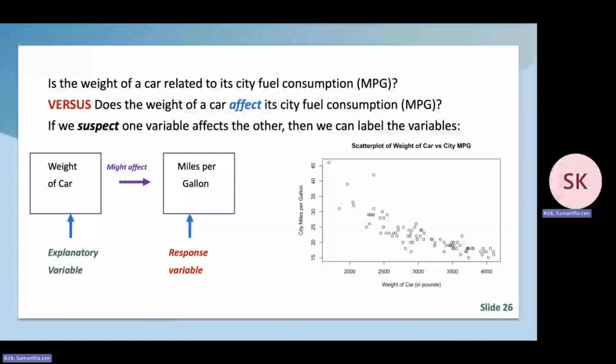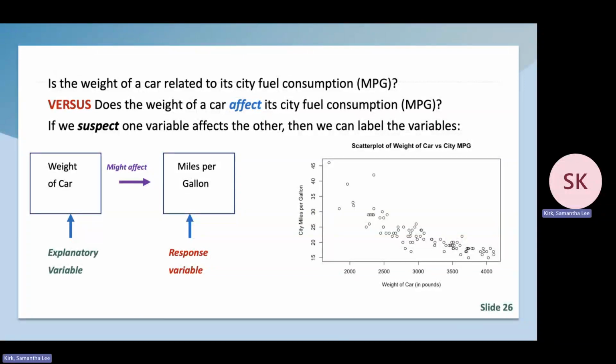Okay, so that's how I would keep them straight, understand the two terms. Now, you wouldn't think that the miles per gallon a car gets would affect the weight of the car. It is the weight of the car, how heavy it is, that would affect the miles per gallon.